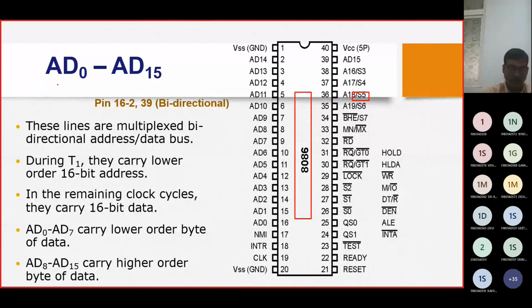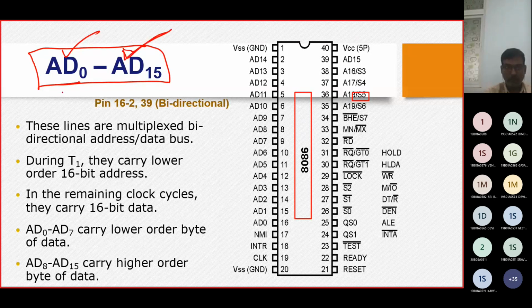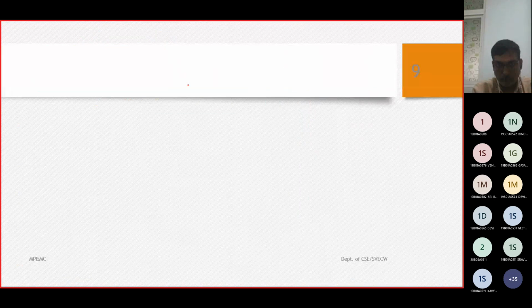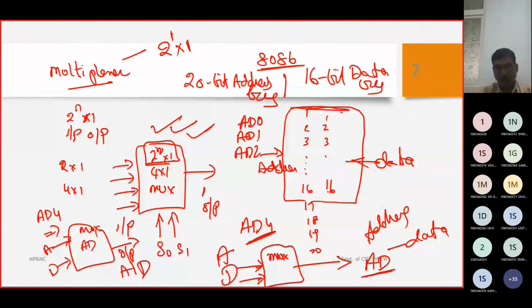AD0 to AD15. That means we have 16 bits which are common for the address lines and the data lines. All those are put together.